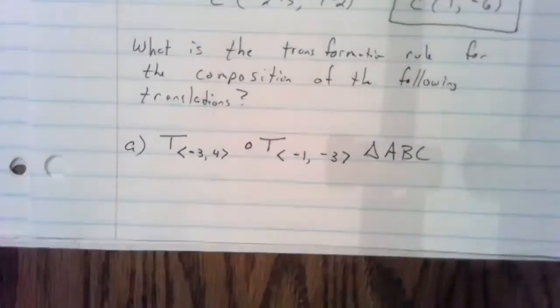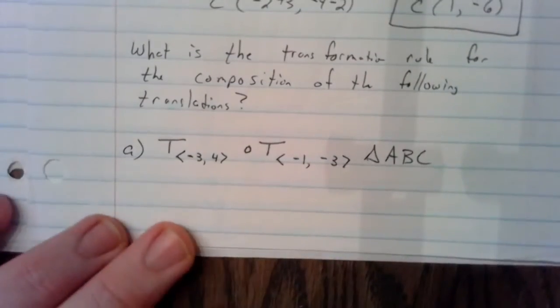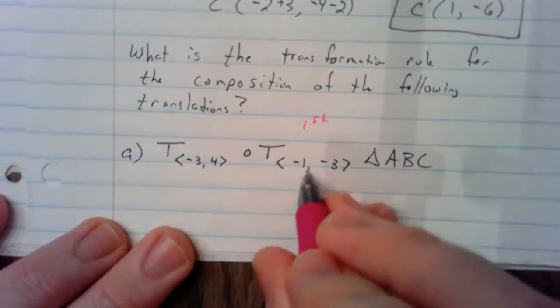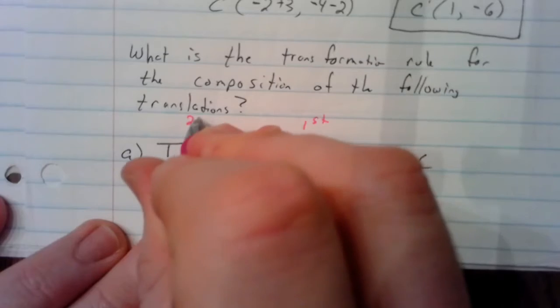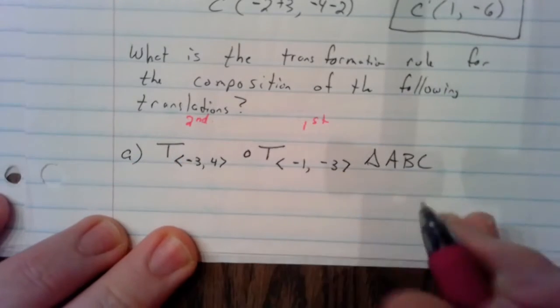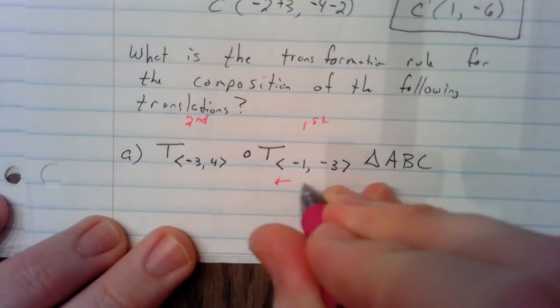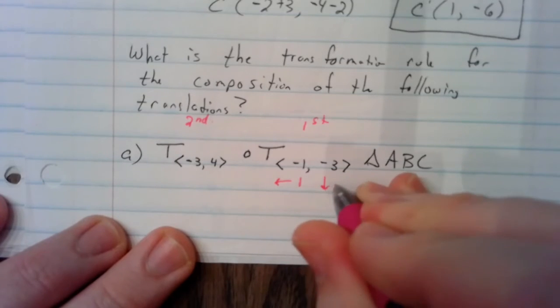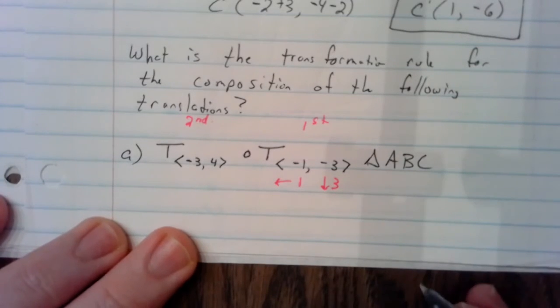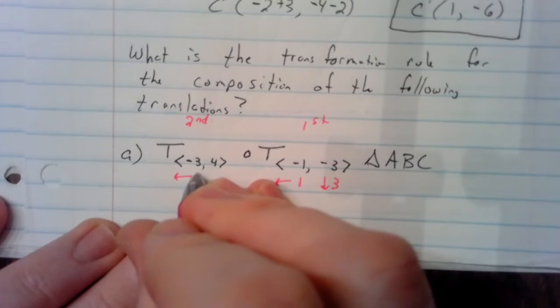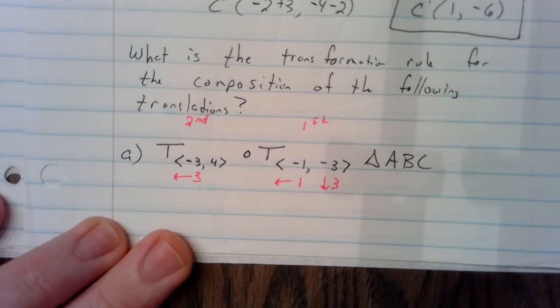When we do this, we actually read this one first. You always start with the one closest to the input, so we'll do this one first, and then this one second. So what this is asking me to do is first move it left 1, and then down 3. And then second, it's going to ask me to move left 3 spaces, and then move up 4.